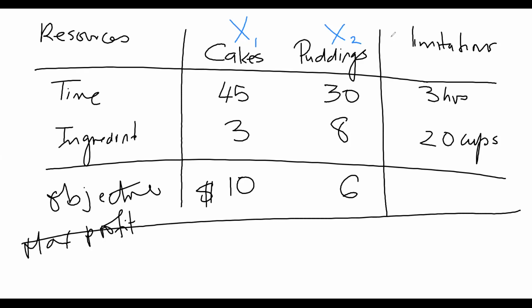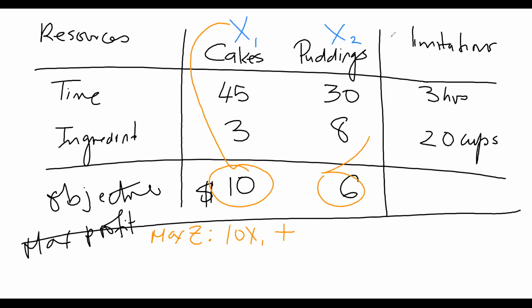You begin with your objective. You maximize your objective such that you make $10 per cake, represented by a plus, and $6 per pudding. Do we see that?